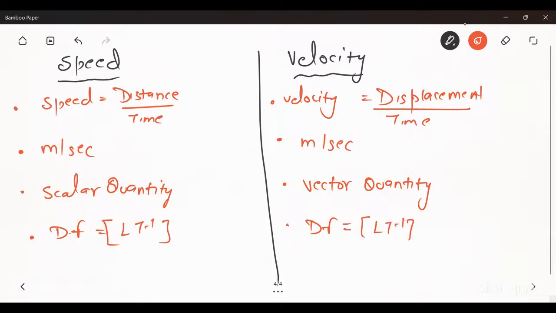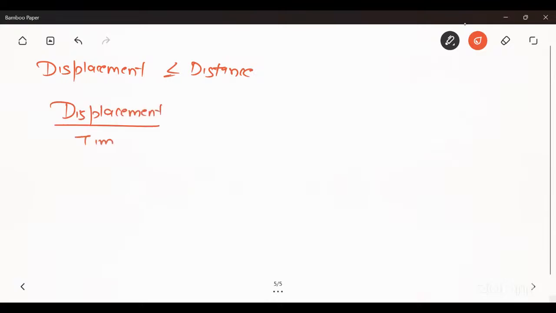So that was speed and velocity. Generally, displacement is always less than or equal to distance. If we divide both sides by time, displacement upon time is less than or equal to distance upon time.